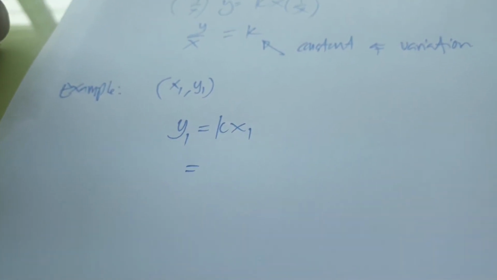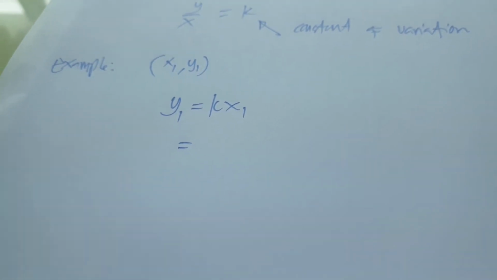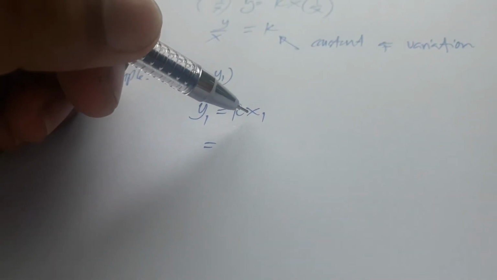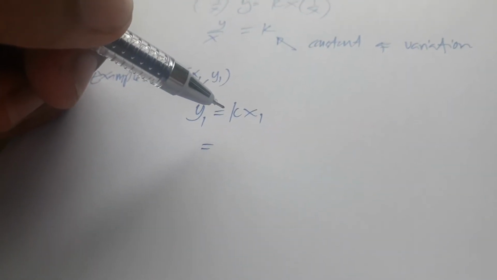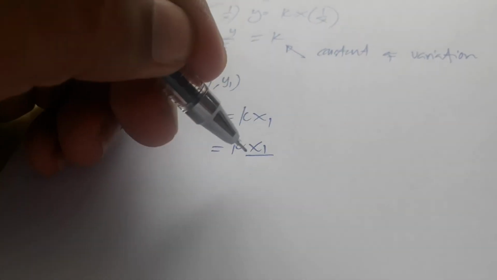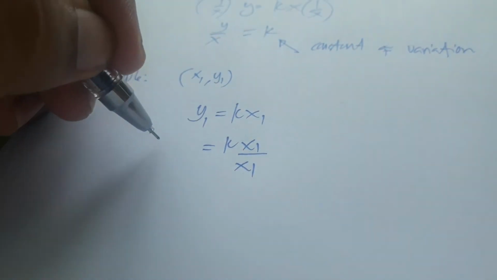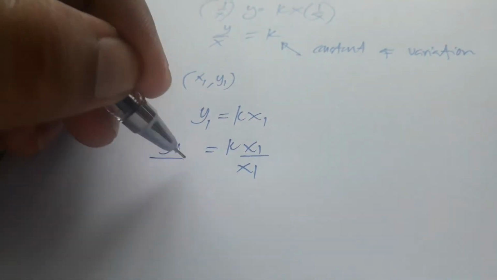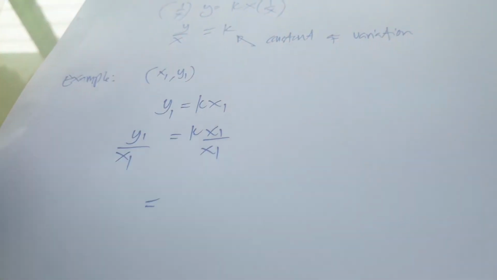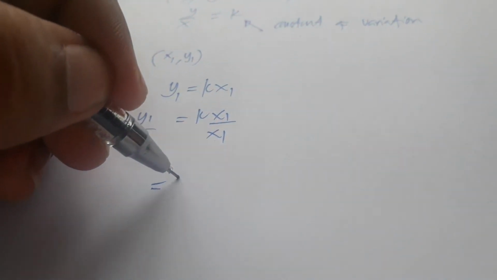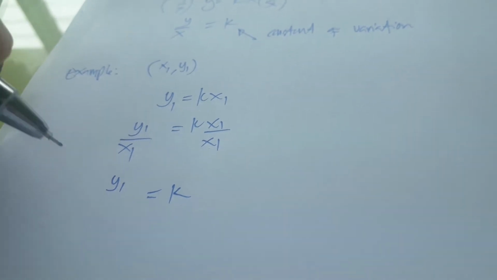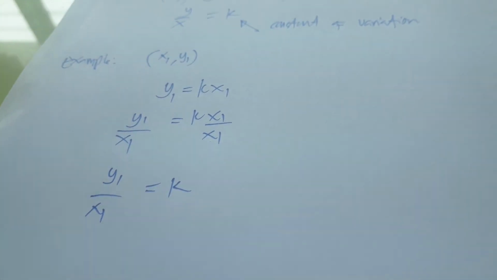Again, by the multiplication property of equality, or simply by dividing both sides by x subscript 1, we get the constant of variation. To the left, we have y subscript 1 over x subscript 1. So the constant of variation is y subscript 1 over x subscript 1.